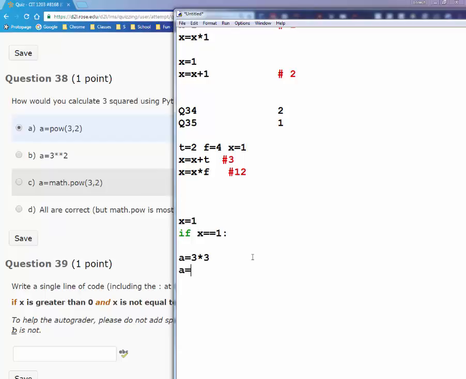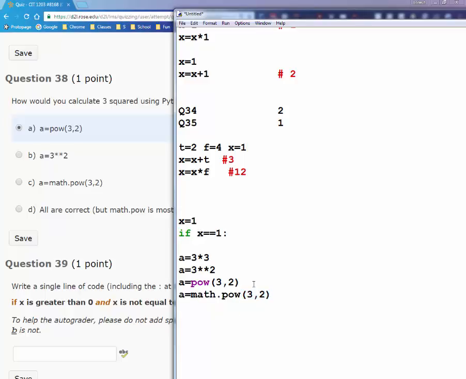A is equal to 3 to the power of 2. Then A is equal to pow(3, 2). And lastly, this one works as well. A is equal to math.pow(3, 2).